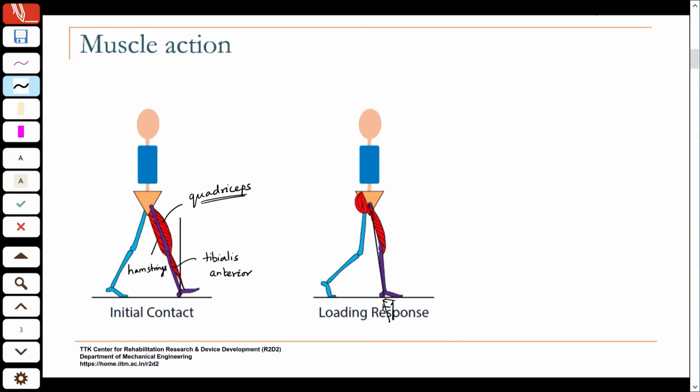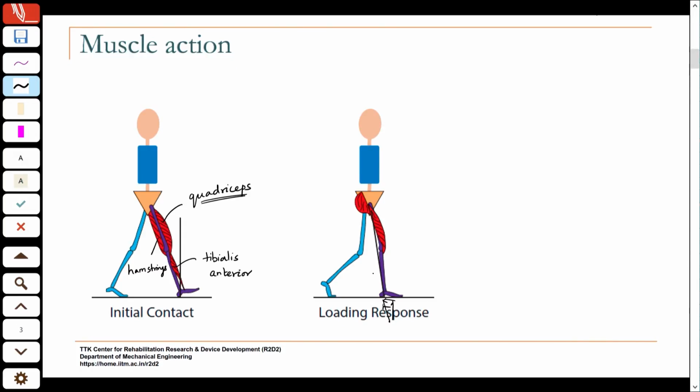So, if you look here, the quadriceps also may be acting to aid the knee flexion, and then the tibialis anterior prepares to act, because as soon as the foot is on the ground, you have the heel rocker.